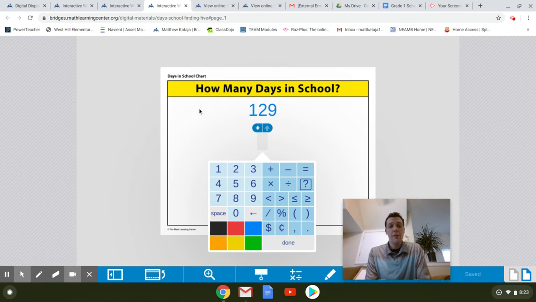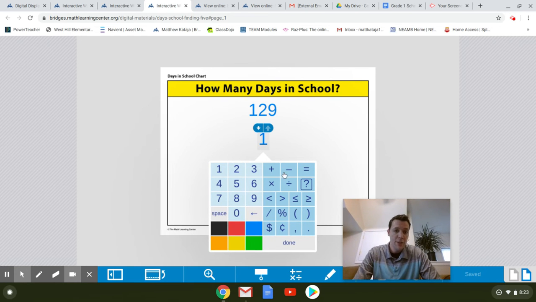Days in school. Let's do a subtraction equation. So we've been at school for 129 days, and let's make it easy. What is 1 more than 129? What number would come next? 130. You got it. So let's make it. What would we have to take away then? 1, and then we would get 129.